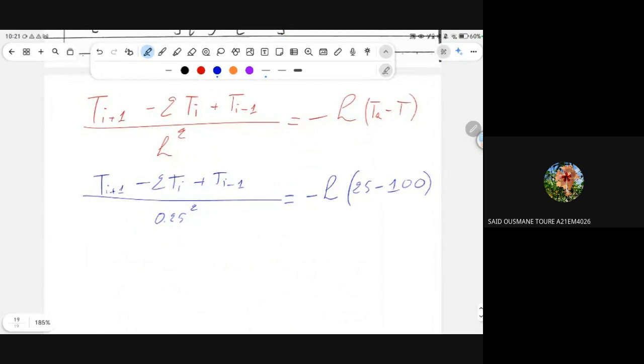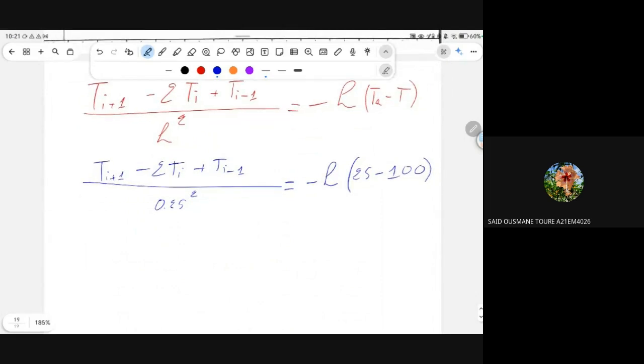Let's say that for my first equation, I set T(i+1) as T1: T1 minus 2T0 plus T(-1). Does that make sense? We don't have T(-1). So T1 has to be the i here. Is it clear to everybody?